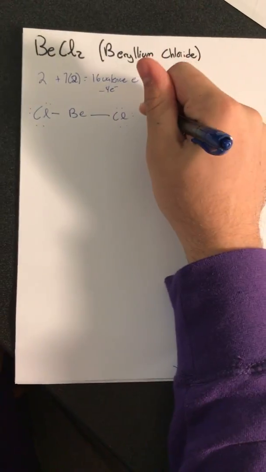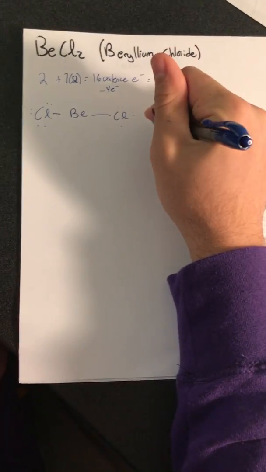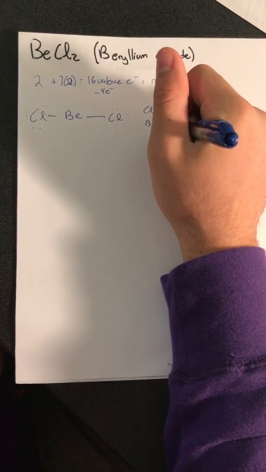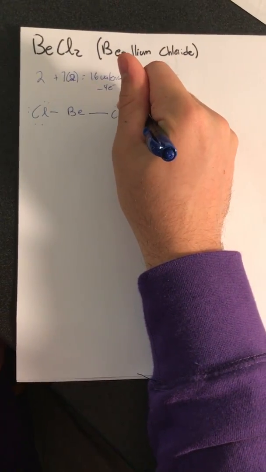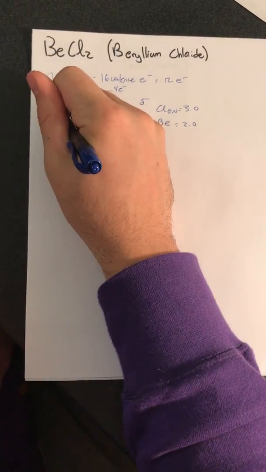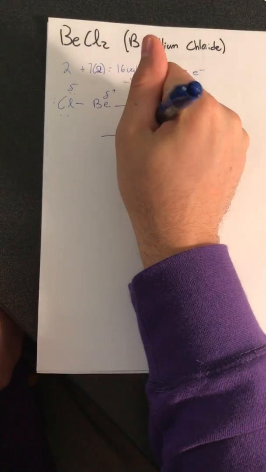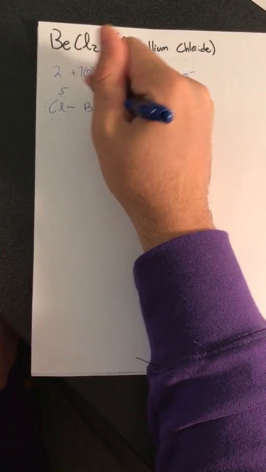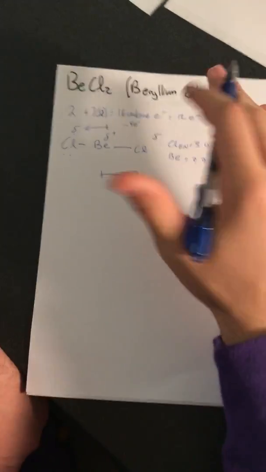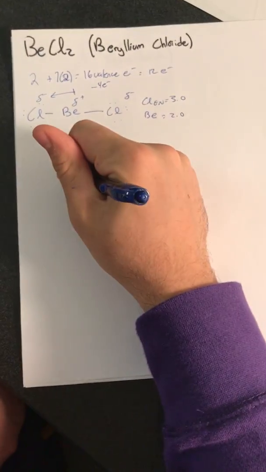We know that chlorine has an electronegativity of 3.0 and that beryllium has an electronegativity of 2.0, making chlorine have the partial negative charge and beryllium have the partial positive charge, as well as the dipoles pointing towards the chlorine atoms.